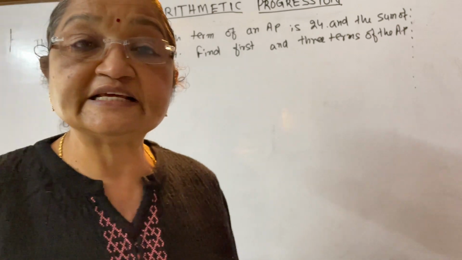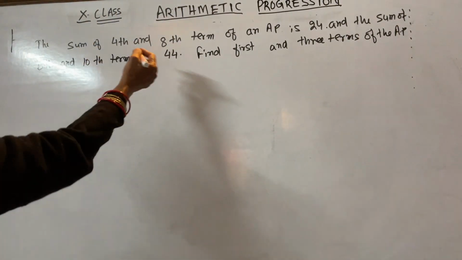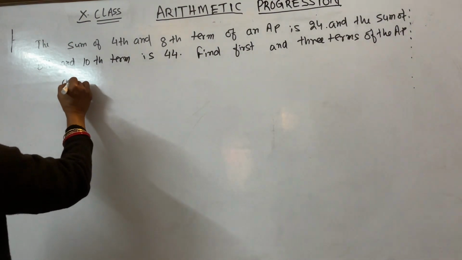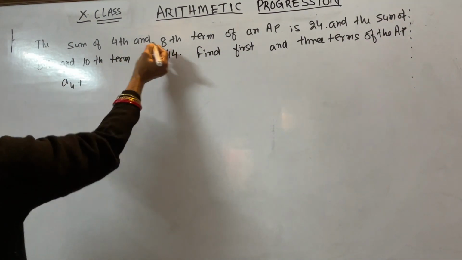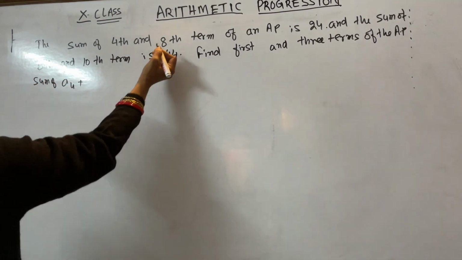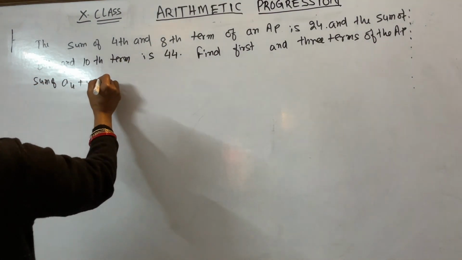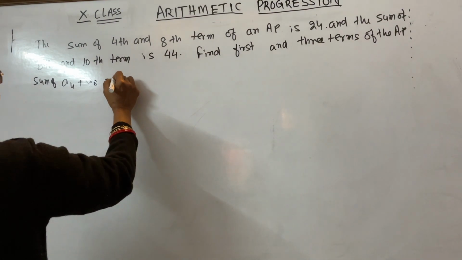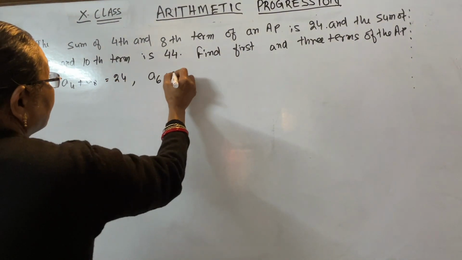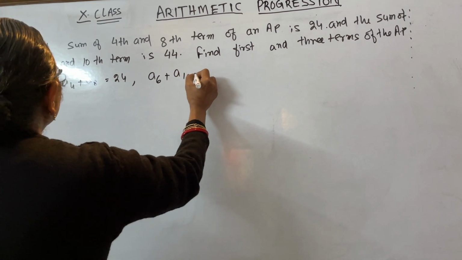So whatever he is saying, we should write out. Fourth term means A4 plus, sum he said, sum of A4 and A8 equals 24. Next, A6 plus A10 is ours what?